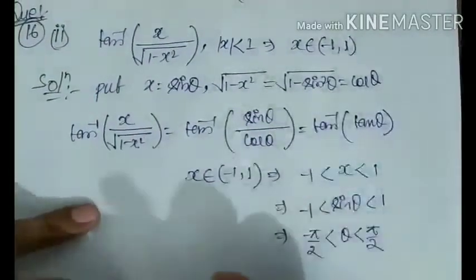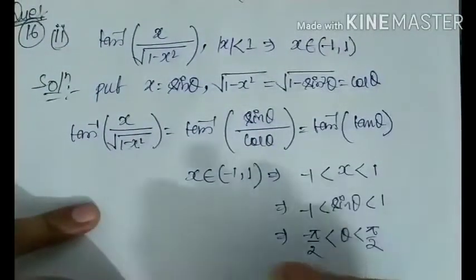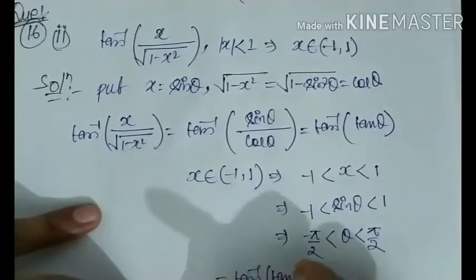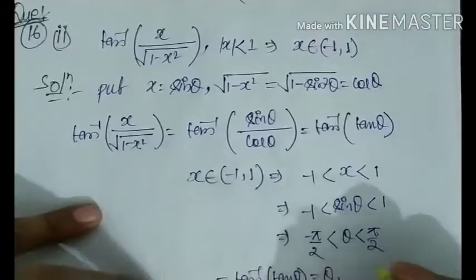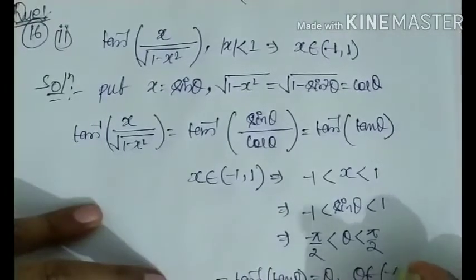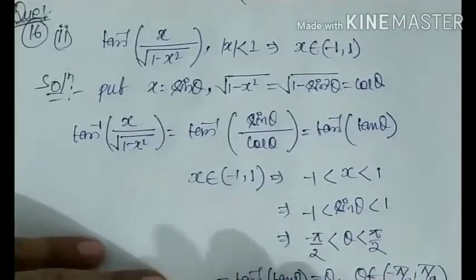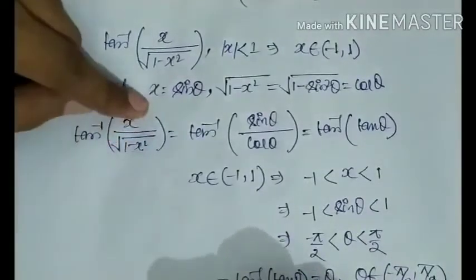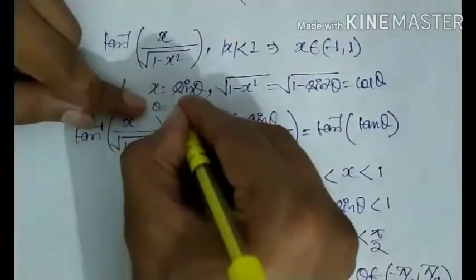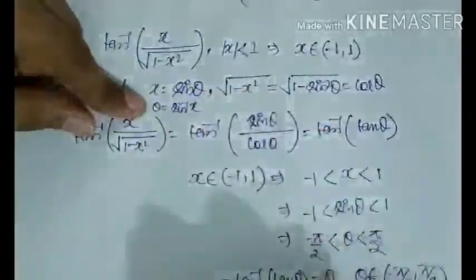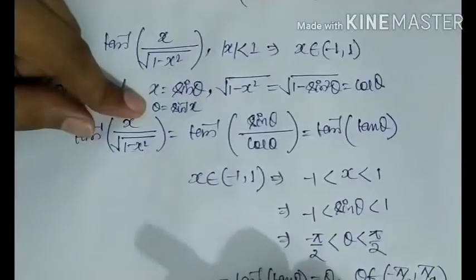That's why tan inverse tan theta will be theta, because theta belongs to minus pi by 2 to pi by 2. Hence from here theta will be sine inverse x, so we can put sine inverse x here.